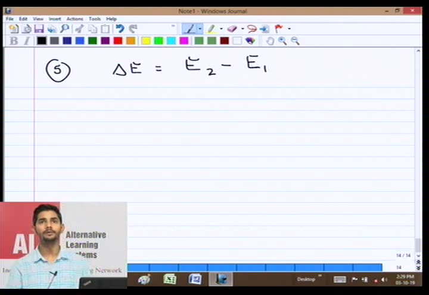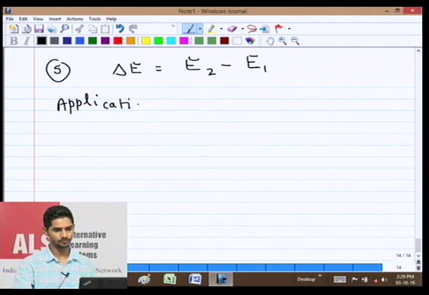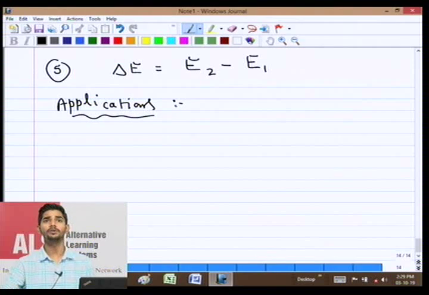This is point number 5. And after that, applications of Bohr's atomic model. There are a few important results on which we have to deal with a few questions as well, which is very important with respect to your examinations.